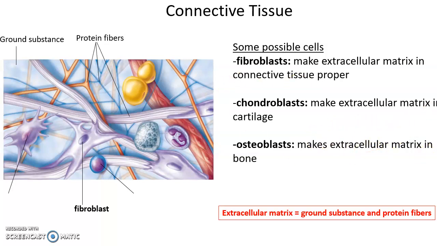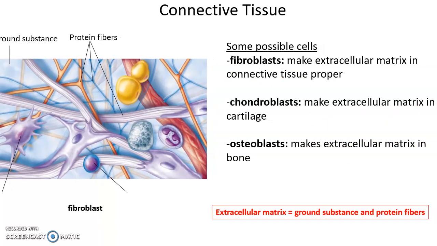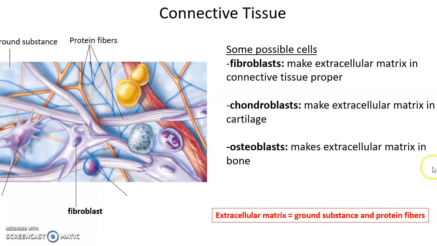Chondroblasts, on the other hand, are the cells found in cartilage, and chondroblasts are the cells in cartilage that make the extracellular matrix. And then osteoblasts are found in bone tissue. So osteoblasts make up the extracellular material in bone tissue. Again, extracellular matrix is the ground substance and any protein fibers.